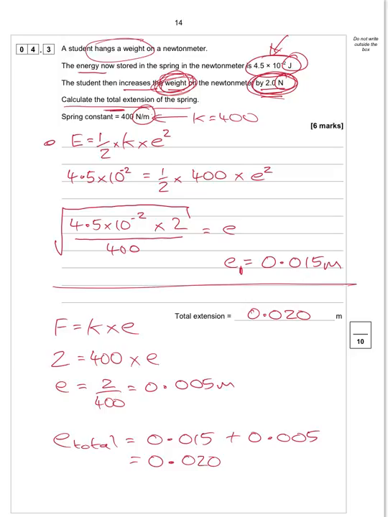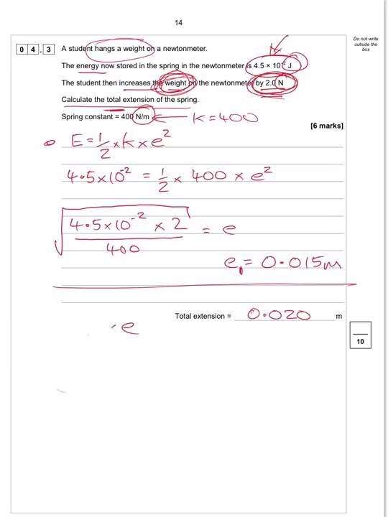Okay. Now there is another method where I can work out what the initial weight was, work out what the extra weight was. So for those of you who want to see that other method, it will get me exactly the same answer. Once I have worked out what the initial extension is, I can work out what the force was. So force is equal to the spring constant times by the extension.